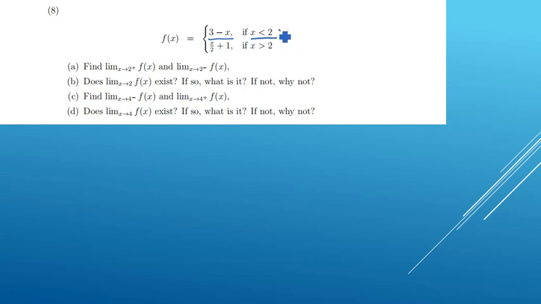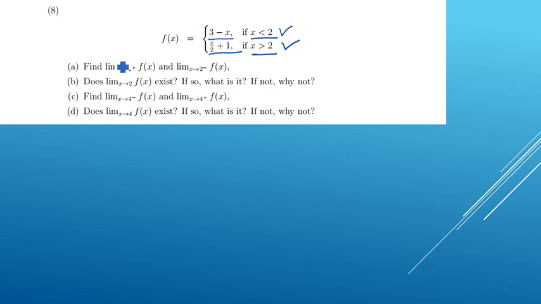This is the condition given. Then we have also been given x over 2 plus 1, where the condition is simply that x must be greater than 2.